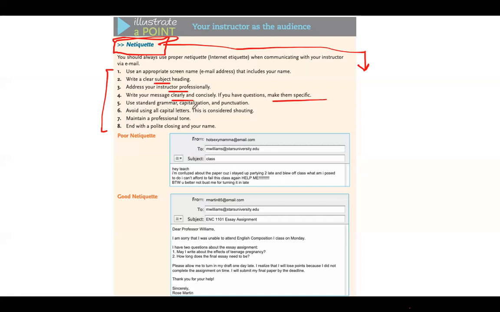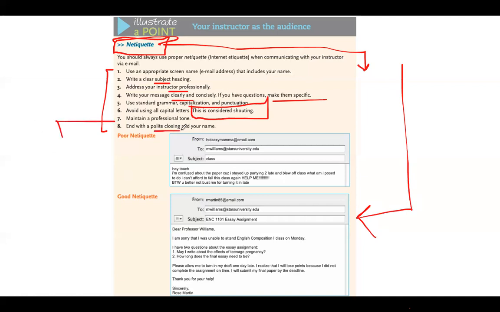And that's quite interesting. This is considered as shouting when you're using all capital letters in your internet communication, especially when you're writing email. You have to maintain a professional tone.